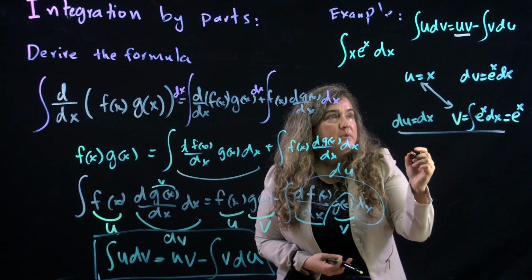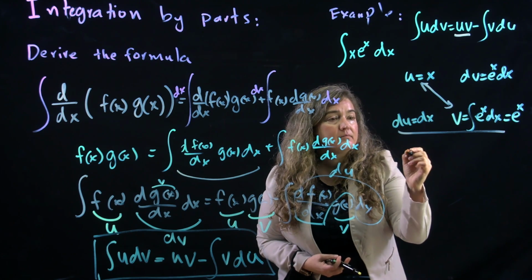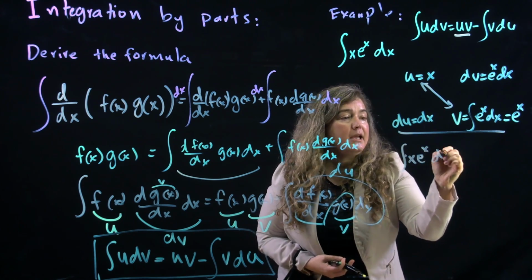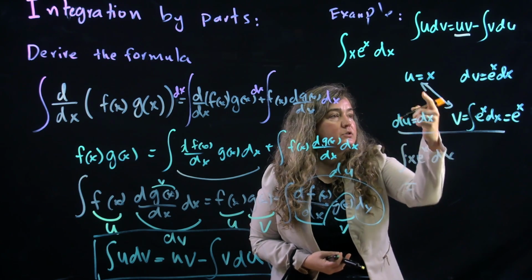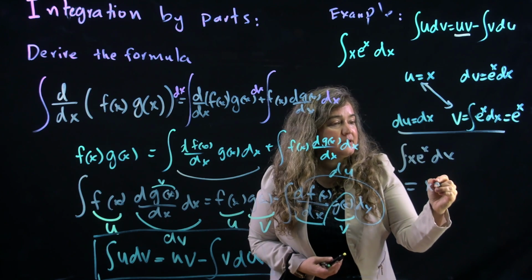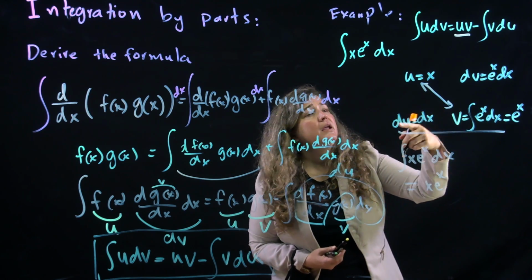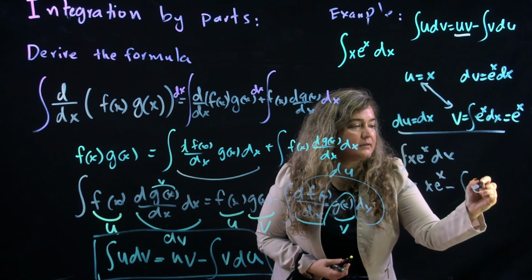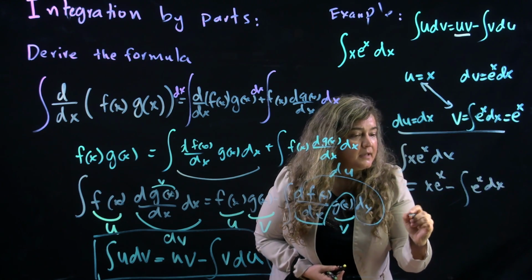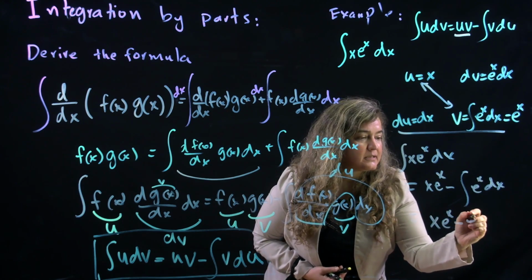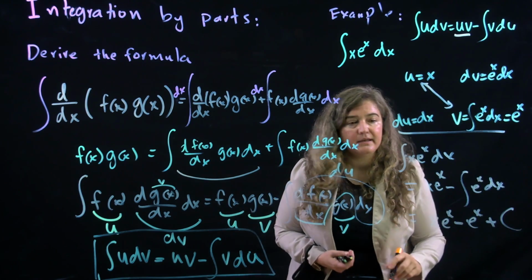So the integral of x e to the x dx is going to be equal to x times e to the x minus the integral of e to the x dx. And this is going to be x e to the x minus e to the x plus c.